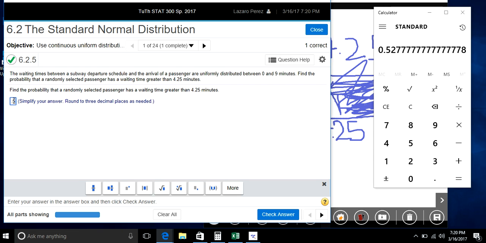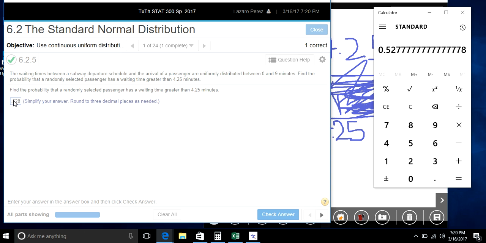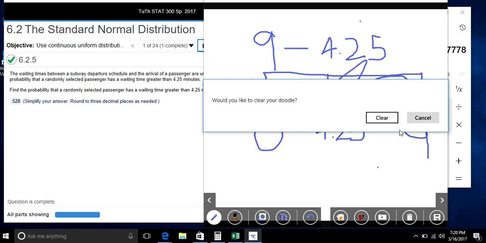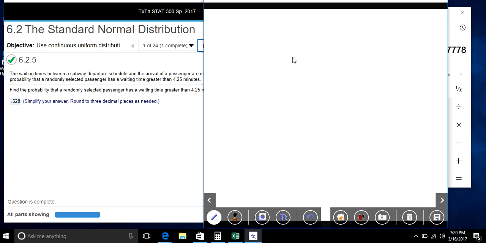So let's see, round to 3 decimals, 0.528. Perfect. All right, and just to show you again what we just did, in formula terms, it was 9 minus 4.25 over the total, which is 9.